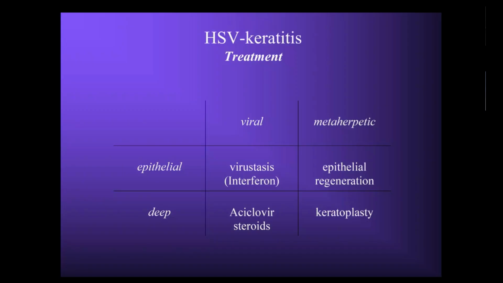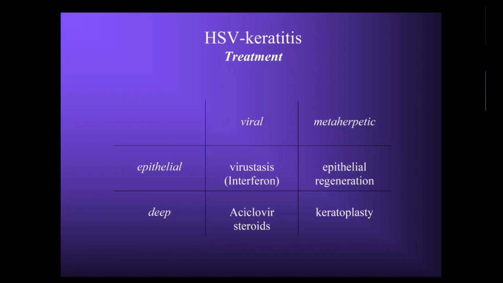some lubricant without virostatic medication. If it is deep and there's viral replication, we have to administer acyclovir in combination with steroids, for example, in case of infiltration, deep ulcers, or endothelial disease.